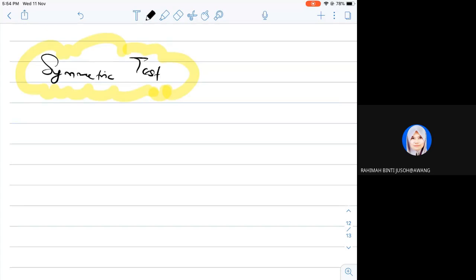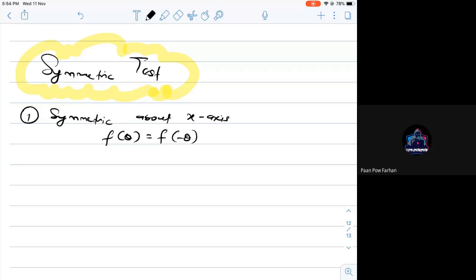Symmetric test. There are 3 symmetric tests. Number 1, symmetry about what? X axis. Yes, well done. So symmetry about x axis, we need to show that f theta is equivalent to f negative theta.